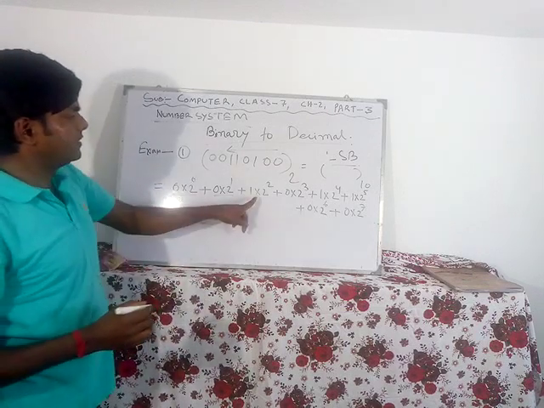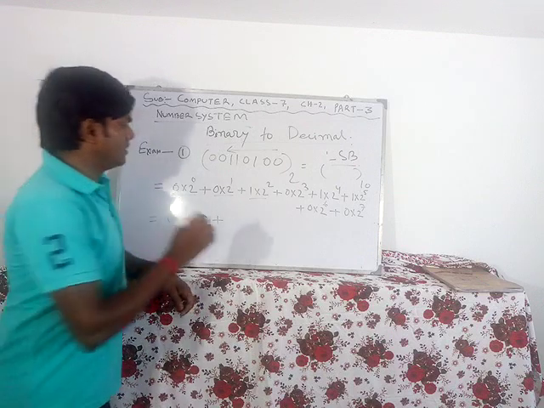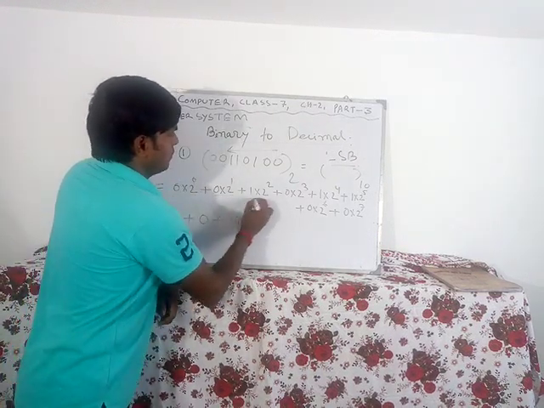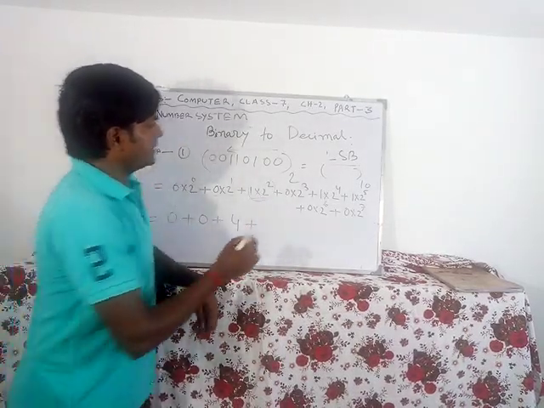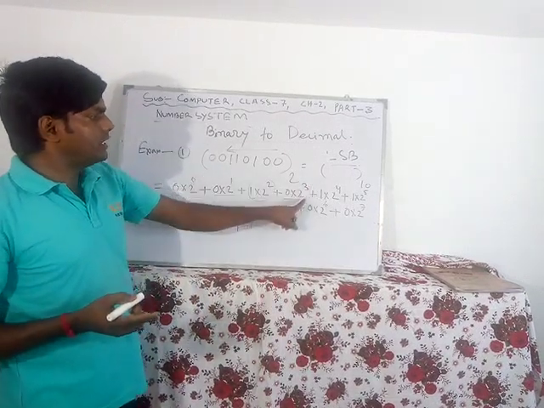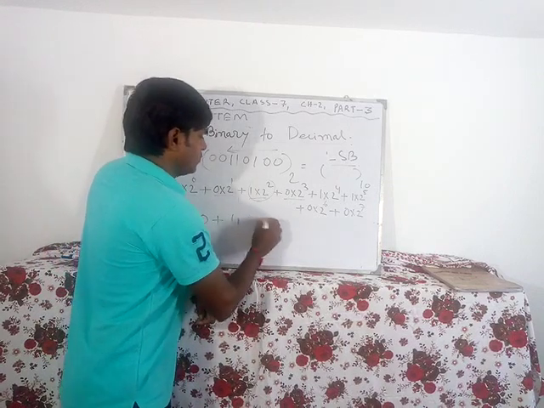Clear? Next this one. 2 power 2 means 4. Okay, next, 0 times 2 power 3: whatever result comes, multiplied by 0, we will get the answer 0 only. Clear?